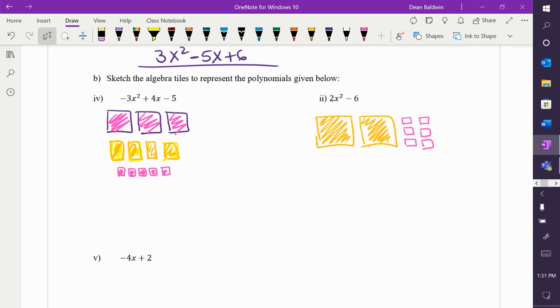And then negative 4x means I have 4 rectangles. And 2. There you go.